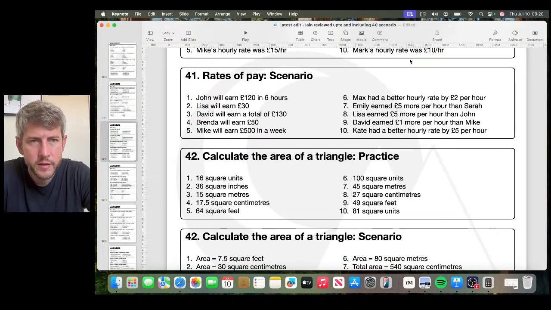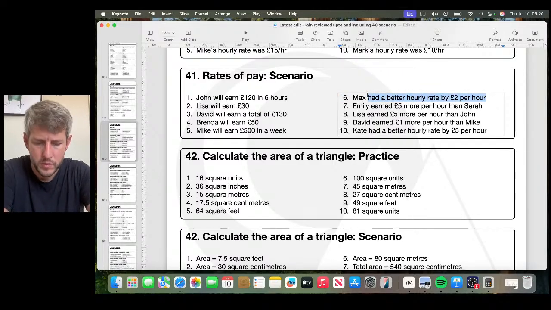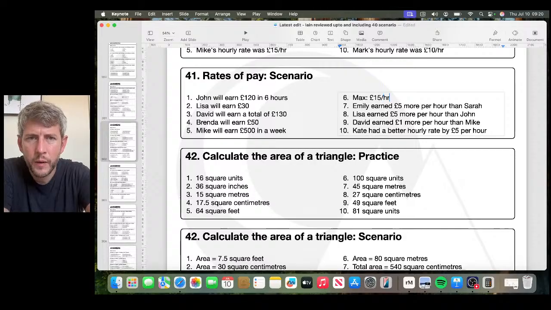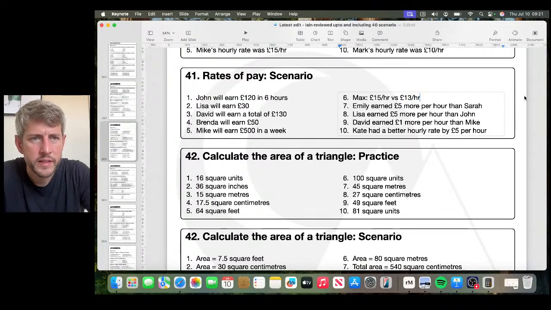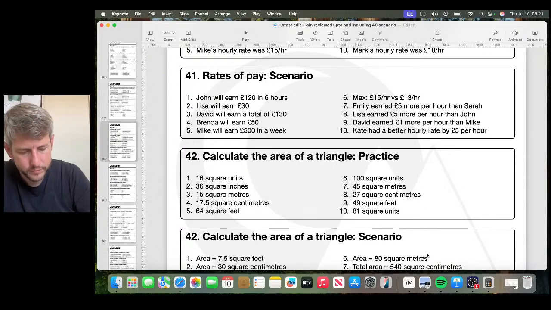So let's say Max, £15 per hour versus £13 per hour. Okay, I think that ties in better with the question. Okay, and then we can tick that.